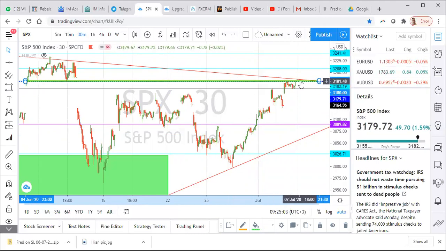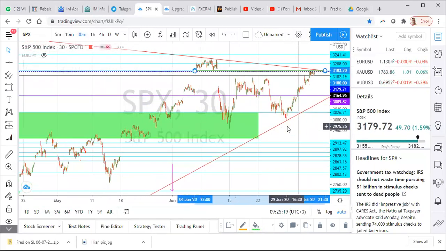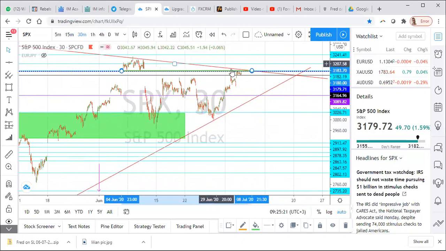So I'm waiting to see if there's a break. Yeah, we'll wait and see. I'm expecting a break, but it could just bounce off this and retest. This is on the 30 minutes because it's on a wedge and it's at the ceiling. So I'd look for a breakout, or a retest possibly before the breakout.